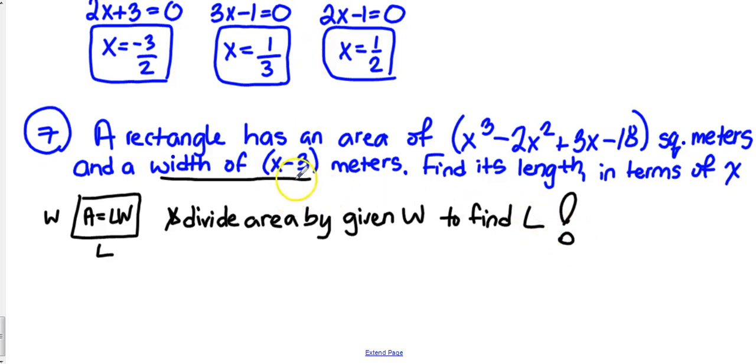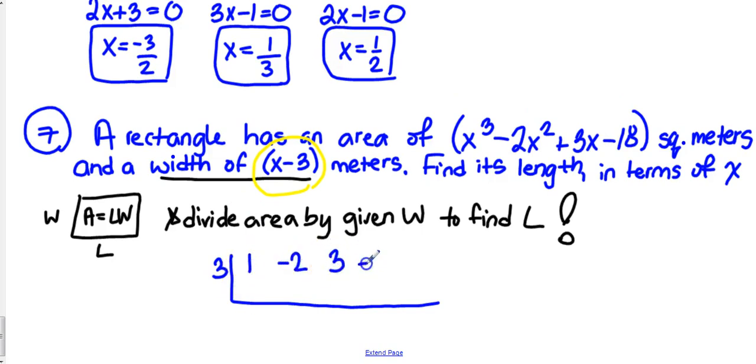I know that this is a linear divisor where a is 1, so we can use synthetic. What's going to go outside the box? Well, the 0 that would come from that is a positive 3. Let's check for placeholders. 3, 2, 1, 0. No placeholders needed. 1, negative 2, 3, negative 18.